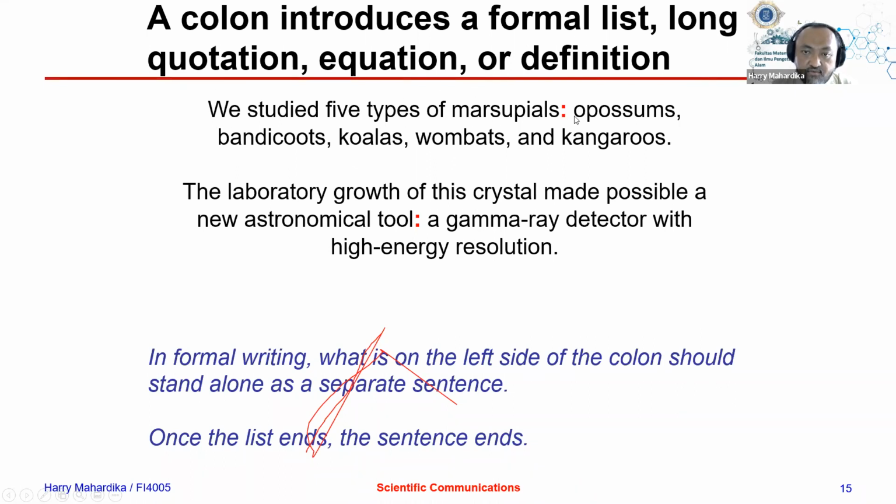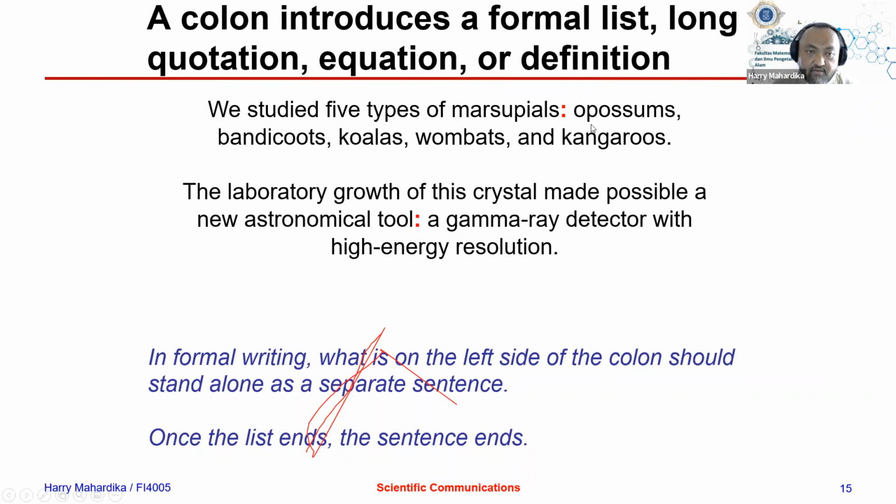So if we are not using a colon here, it may form a perfect sentence. However, we want to add more information about marsupials. So we give examples of marsupials like possum, bandicoot, koalas, and so on. Therefore, we use this semicolon.